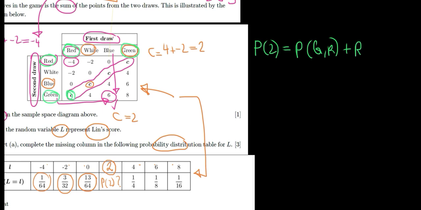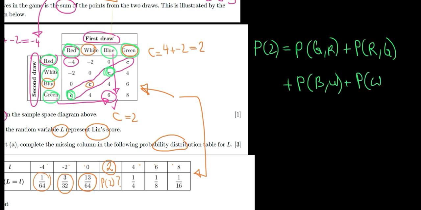Plus probability of blue and white, and of course we have to swap the places, probability of white and blue. All of these things are going to give us the outcome of 2.